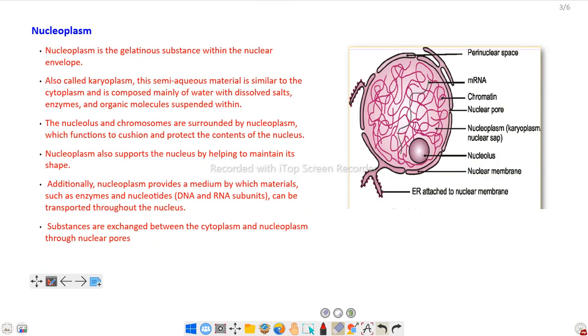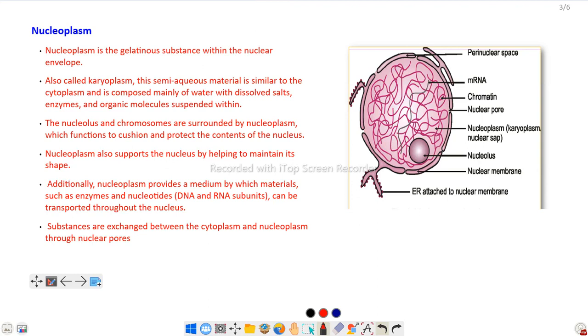Next is nucleoplasm. Nucleoplasm is the gelatinous substance within the nuclear envelope. It is also called karyoplasm or nuclear sap. The fluid-like structure inside the nucleus is the nucleoplasm.